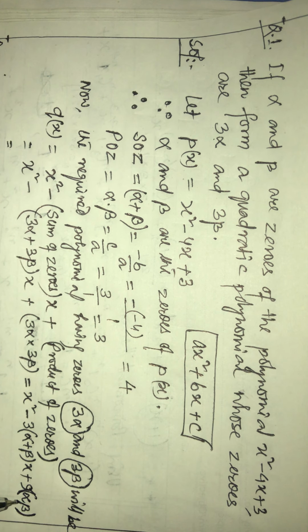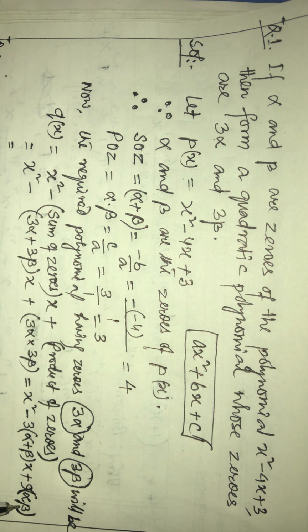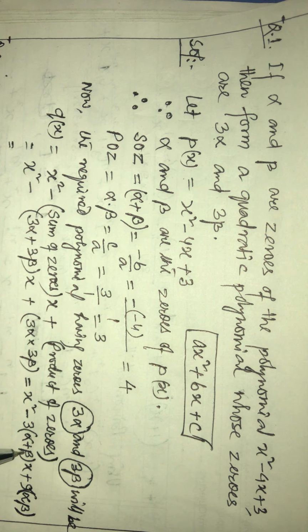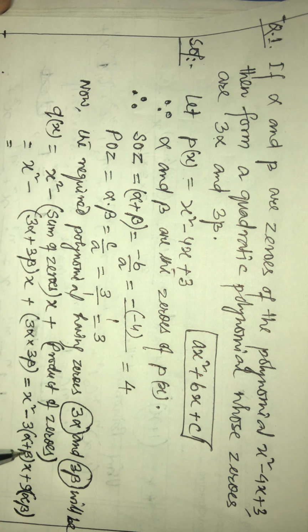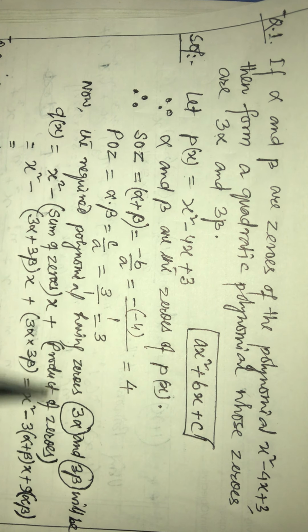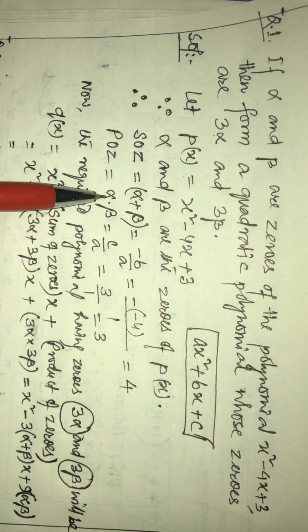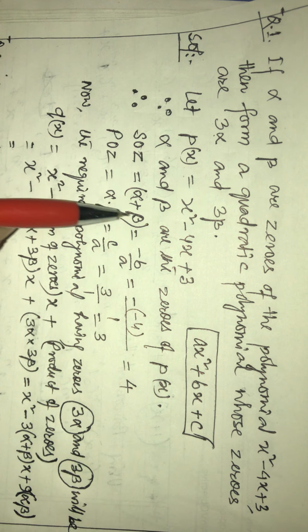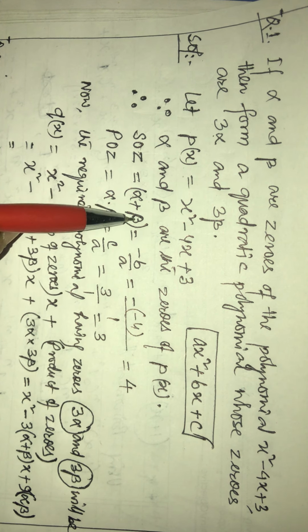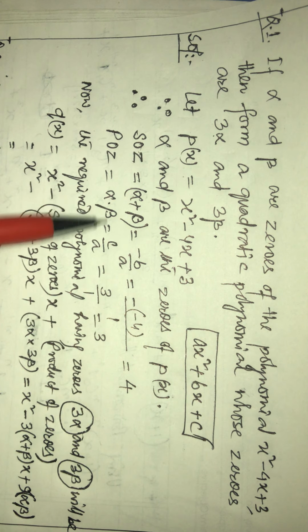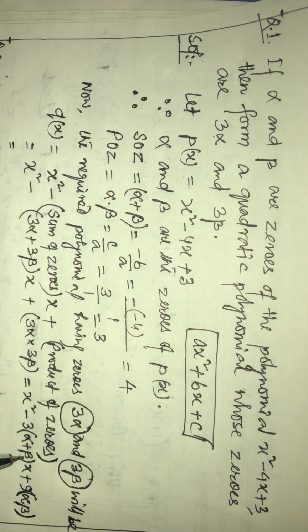Okay, alpha into beta and alpha plus beta, if you go back to your solution, these two things we already found. Alpha plus beta as 4, alpha into beta as 3. So we can substitute here from this.